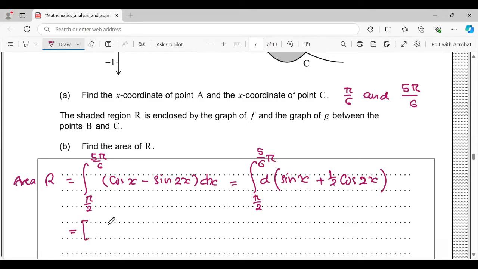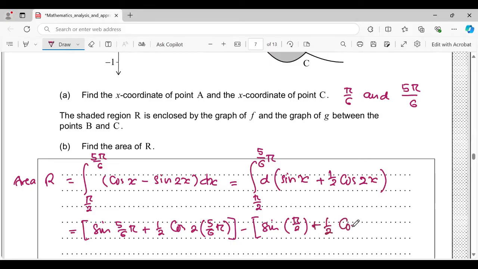So it becomes sine 5 pi over 6 plus half cosine 2 times 5 pi over 6, minus sine pi over 2 plus half cosine 2 times pi over 2.